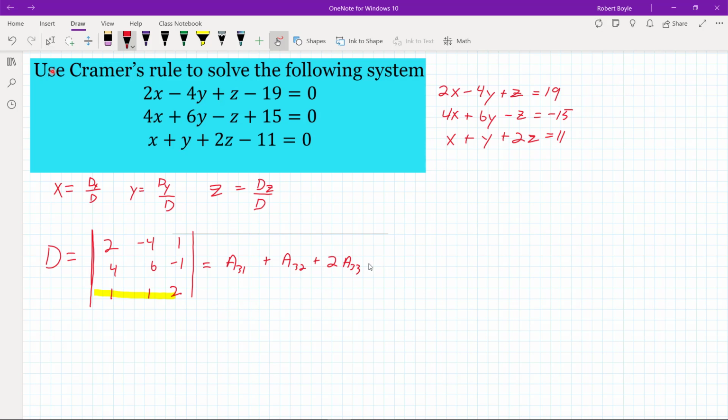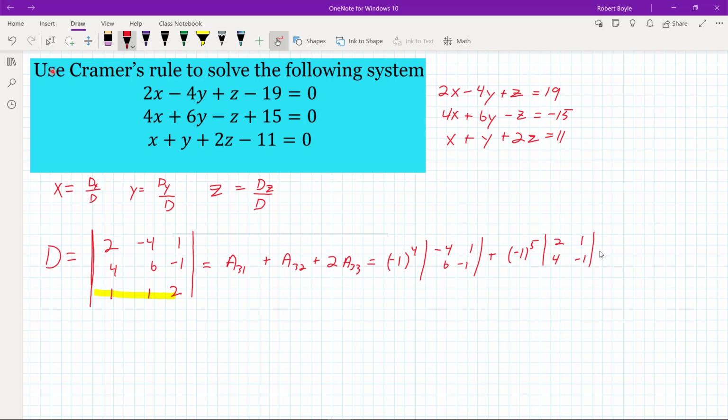And then A3,1 is going to be negative 1 to the 4th power times the determinant of negative 4, 1, 6, negative 1. Okay, A3,2 is going to be equal to negative 1 raised to the 5th power times the determinant of 2, 1, 4, negative 1.